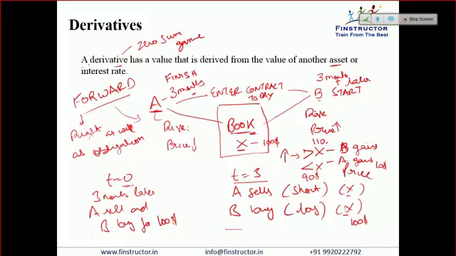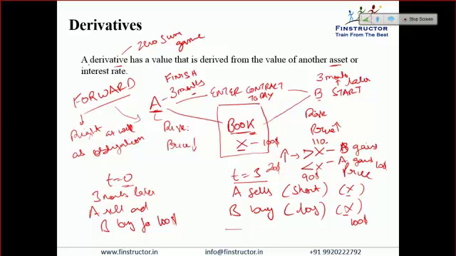It is possible that when 3 months pass and the price of the book has actually fallen down to $20 and B says, I'm not going to honor the contract. You can go sue me in the court. I'm just not going to buy at $100. So it is quite likely that the losing party may not honor its obligation.